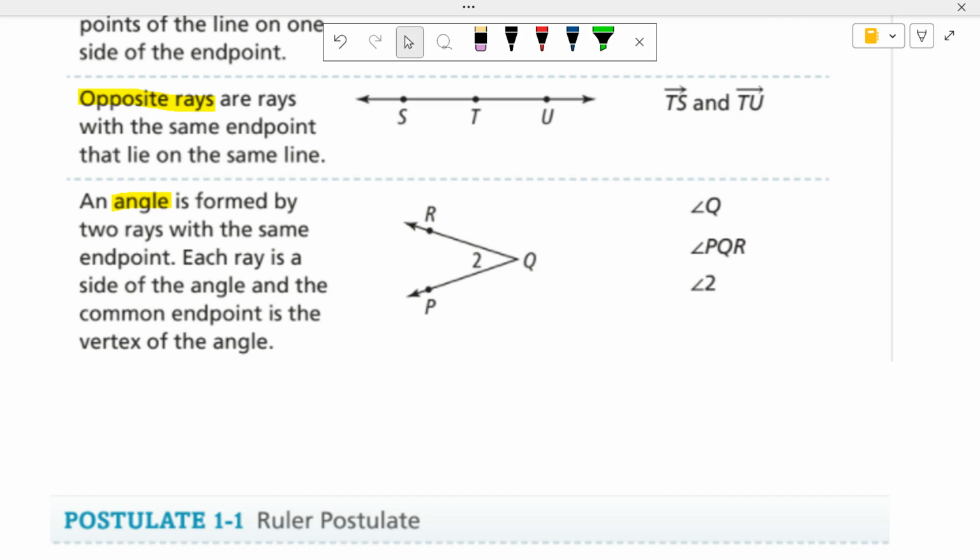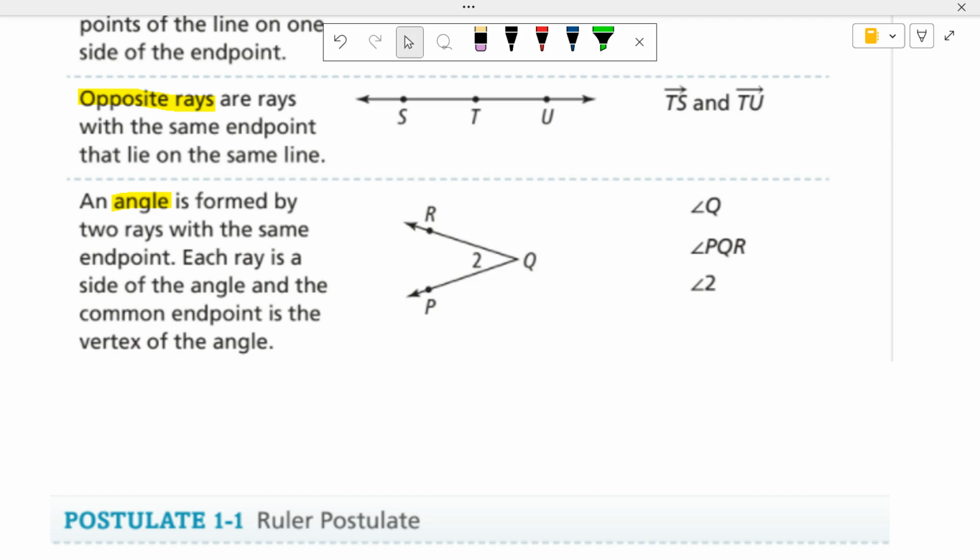So this angle can be called RQP or it can be called PQR. Since there's only one angle at this point, we can just use the letter Q, or if there's a number on the inside of it, we can use the number 2.